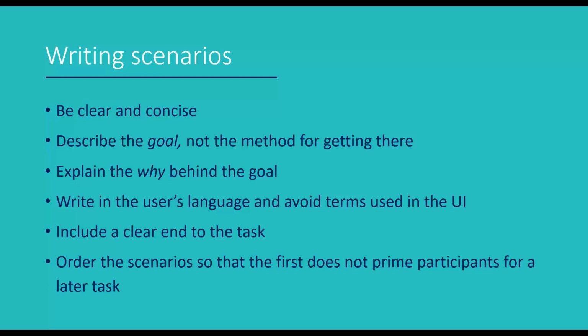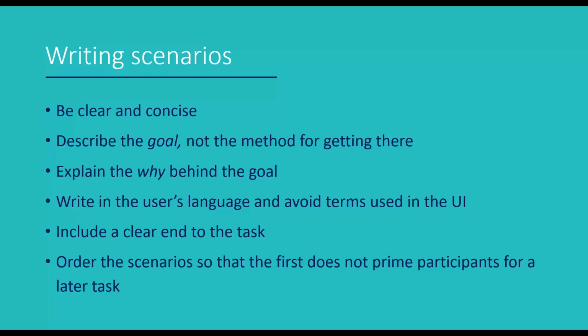So this is really important because you don't want to tell the user what to do. You want to see if they can figure out how to do the action. And it can be a little bit tricky to figure out how to word that, so you're not just saying, you know, click here and add a snippet, but instead describing what the actual goal is. And we'll look at some examples in a minute.